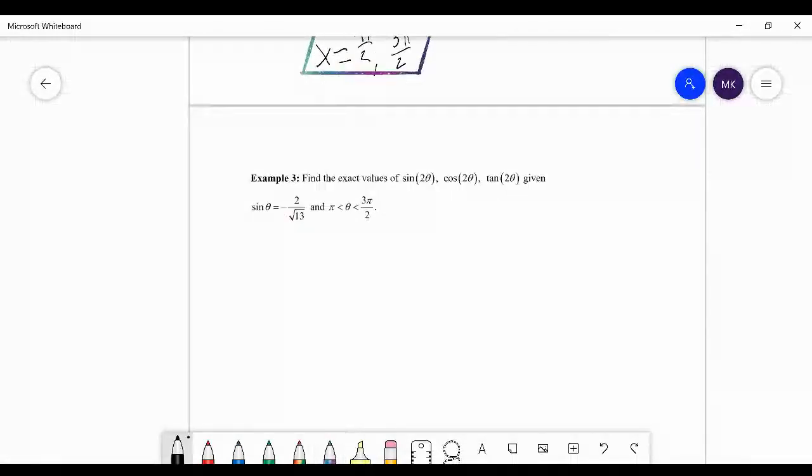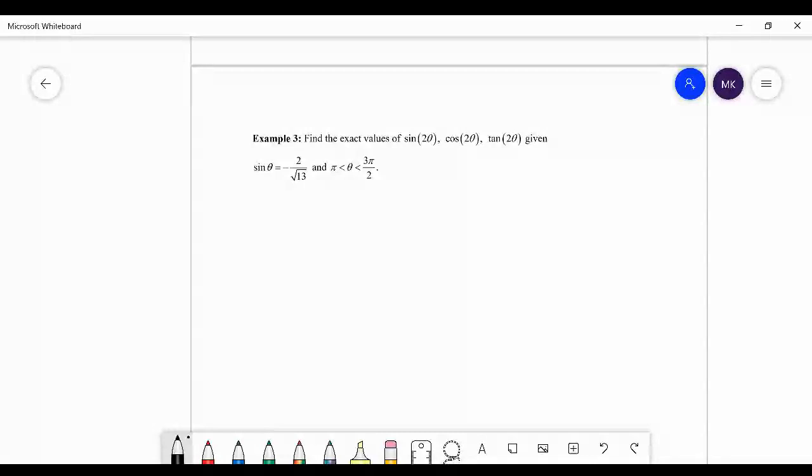All right. Now, find exact values of sine 2 theta, cosine 2 theta, and tangent 2 theta, given that we know this value of sine theta, and we know that theta is between pi and 3 pi over 2. Now, that's really weird, right? We've talked about theta being from 0 to 2 pi and stuff like that.